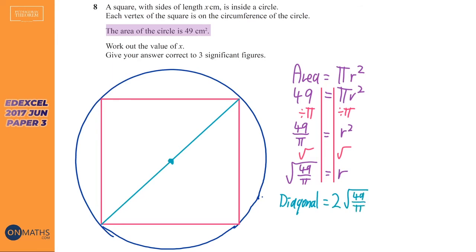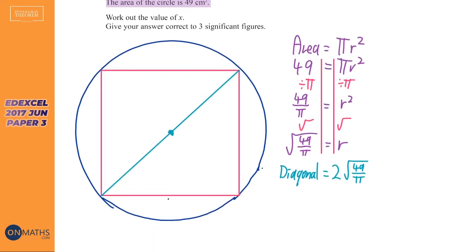So the question tells us that the length of the square is x, and it's obviously a right angle triangle. So we've got the diagonal, which is 2 root 49 over pi. So we can write that on. So 2 root 49 over pi is this length. So we just use Pythagoras, which is a squared equals b squared plus c squared.